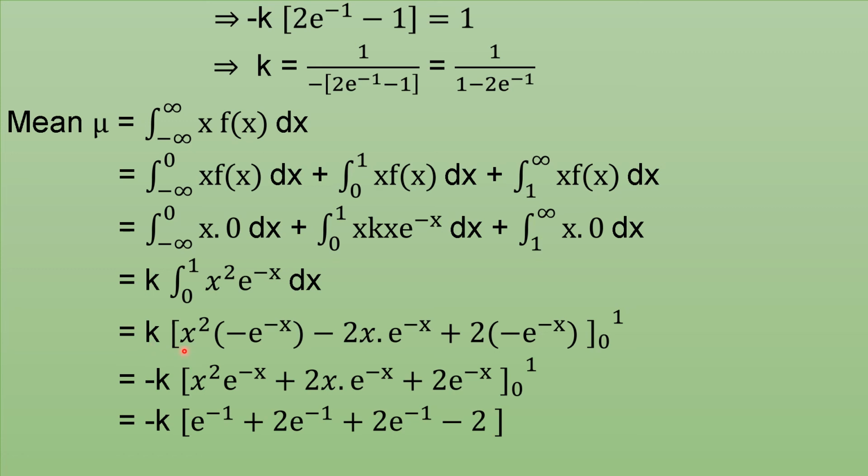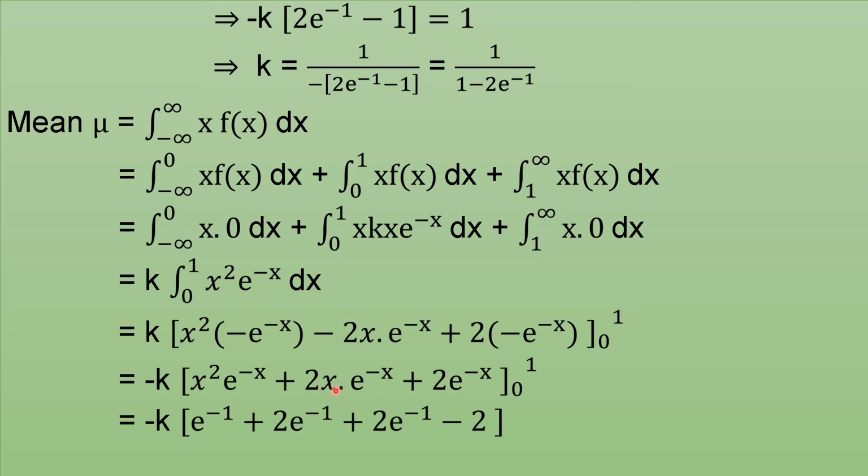So minus k into, within the bracket it will be x square into e power minus x plus 2x into e power minus x plus 2 into e power minus x. Difference at the upper limit x equal to 1, lower limit 0. Minus k into, put x as 1: e power minus 1 plus 2 into e power minus 1 plus 2 into e power minus 1, minus, put x as 0.